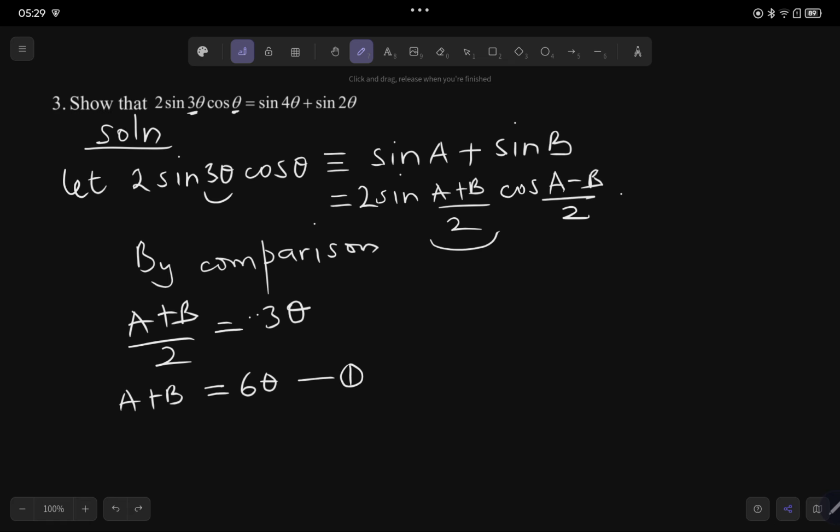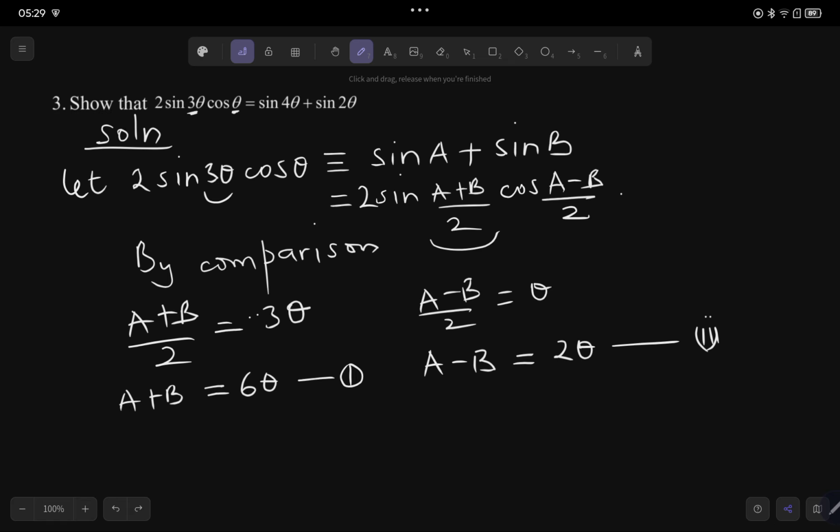Let's call this equation 1. Also, A minus B over 2 is theta, which means A minus B is 2 theta. Call this equation 2. So we are going to solve these two equations for A and B.